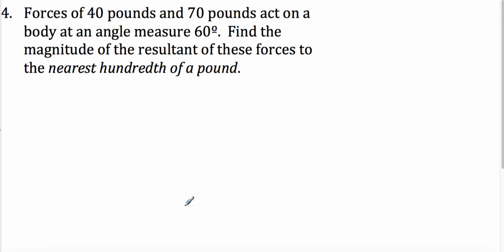Number 4. The forces 40 pounds and 70 pounds act on a body, and the angle measures 60 degrees. Find the measure of the resultant force to the nearest hundredth of a pound. Here, we're going to be drawing something similar as before, except the angle here is 60 degrees. Assuming that's 40, that's 60.